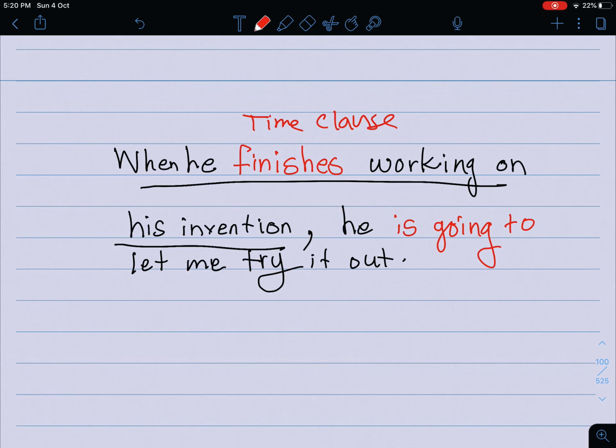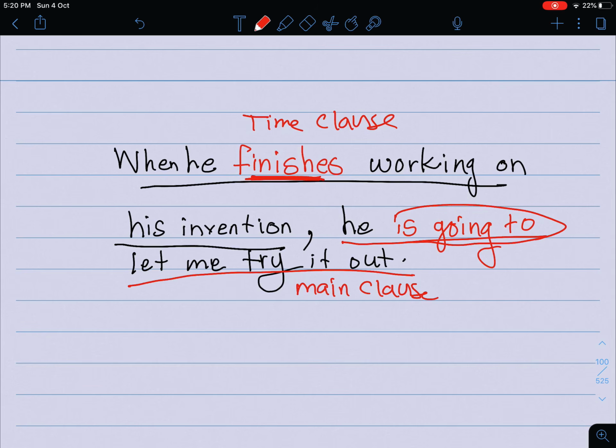And you realize that this tense is in the simple present في المضارع البسيط, while he is going to let me try it is what we call the main clause. في أي زمن؟ في future, في المستقبل. واضح؟ في المستقبل.